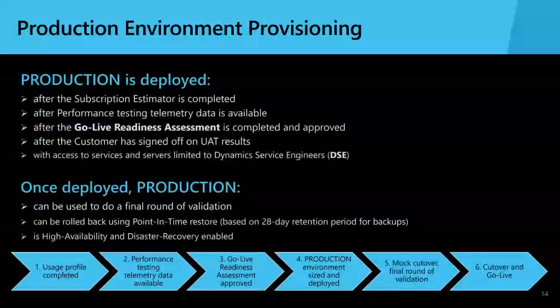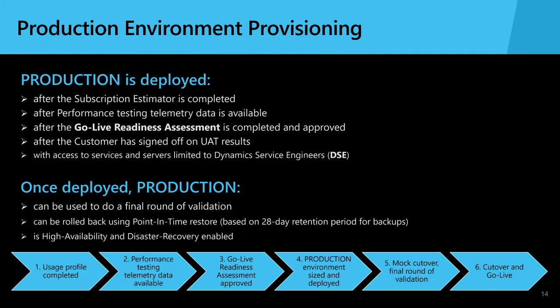Next, let's talk about what we do with these environments that are included with our subscription. First, we'll talk about provisioning the production environment. A production environment has a number of prerequisites before we can deploy it. The production environment is deployed after the subscription estimator or the usage profile is completed.